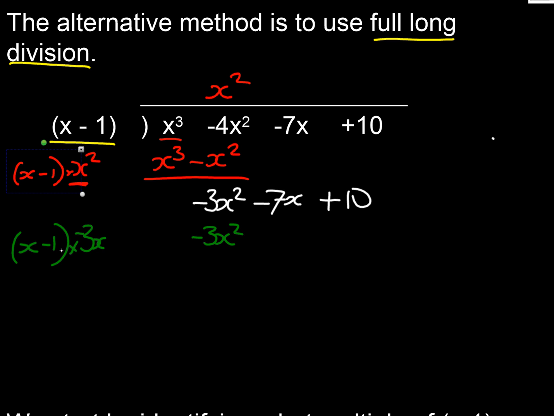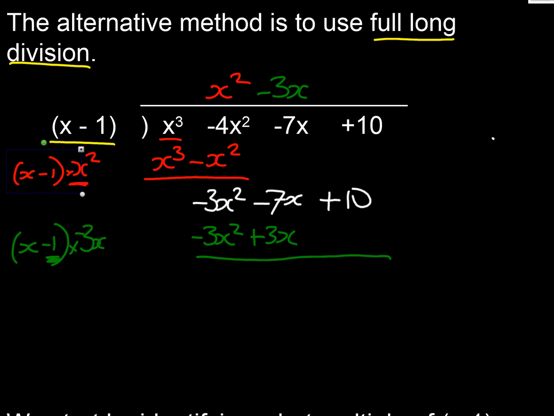We can take that off, but that also means that I've got this minus 1 term over here, so that means I've got a plus 3x there. That's the amount of that, isn't it? I'm going to take that off because I've now dealt with that. I'm just going to write that up here in the x's column, power 1 column.